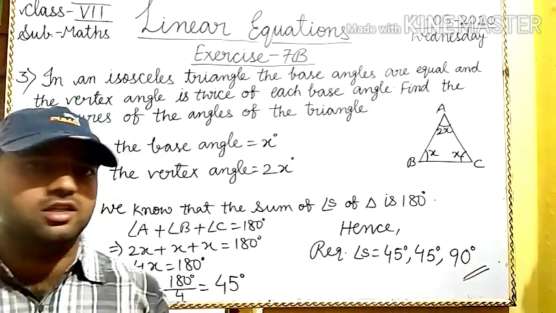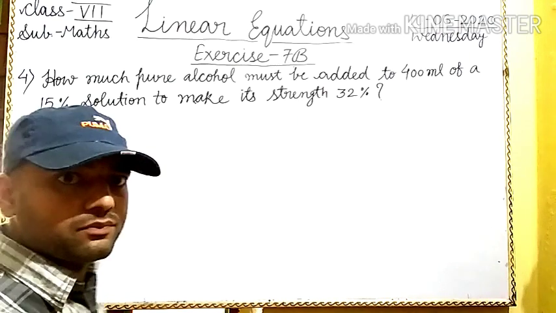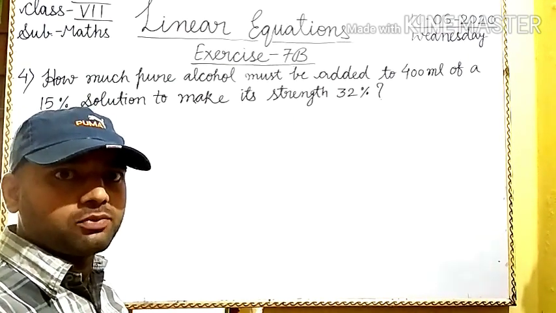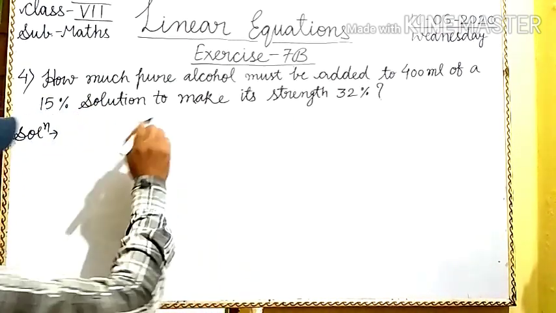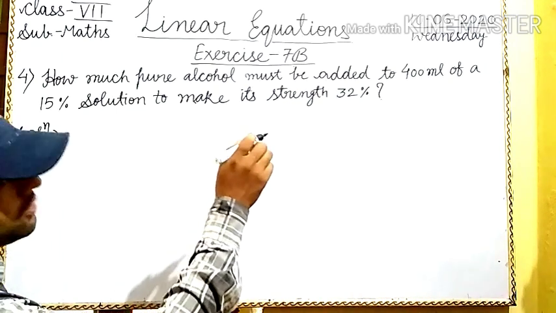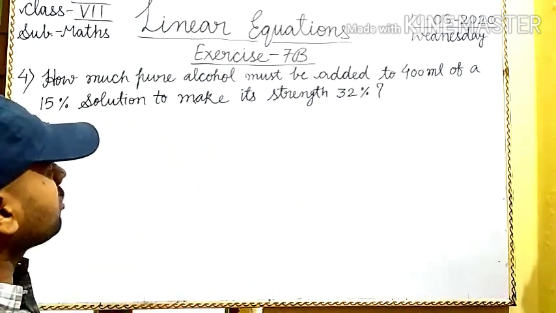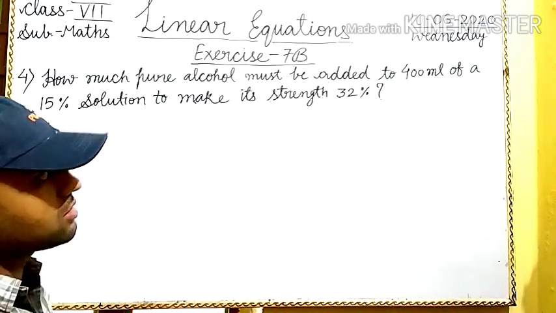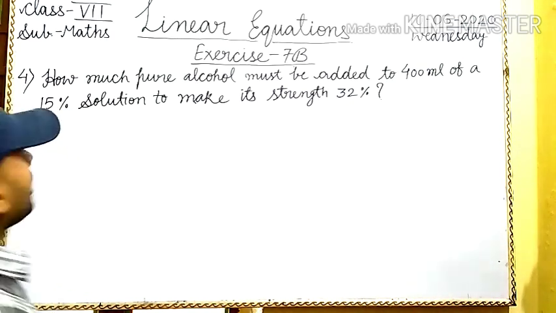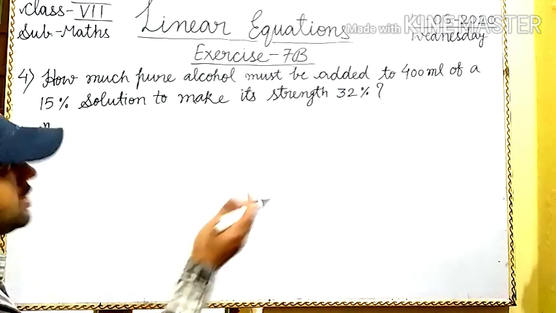Now let us discuss question number 4. In question number 4, how much pure alcohol must be added to 400 milliliters of 15% solution to make its strength 32%? How much pure alcohol must be added?